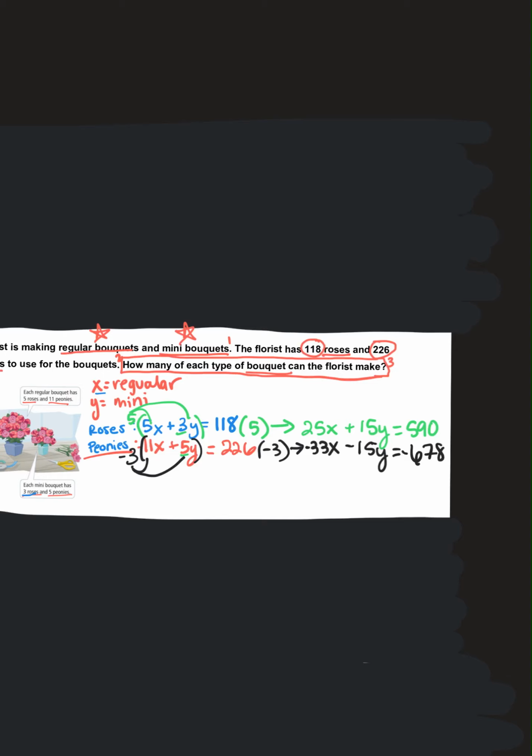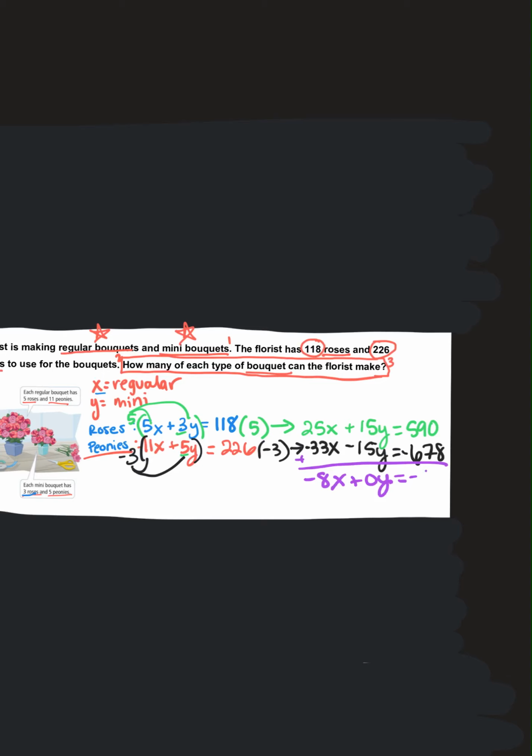Now I see two things that will eliminate, so I can go ahead and add these two items together. So let's add them together. Negative 33x plus 25x is negative 8x plus 0y equals, when I take these two numbers, the 590 minus 678, I'm going to subtract and keep the bigger number sign, so it's going to be a negative.